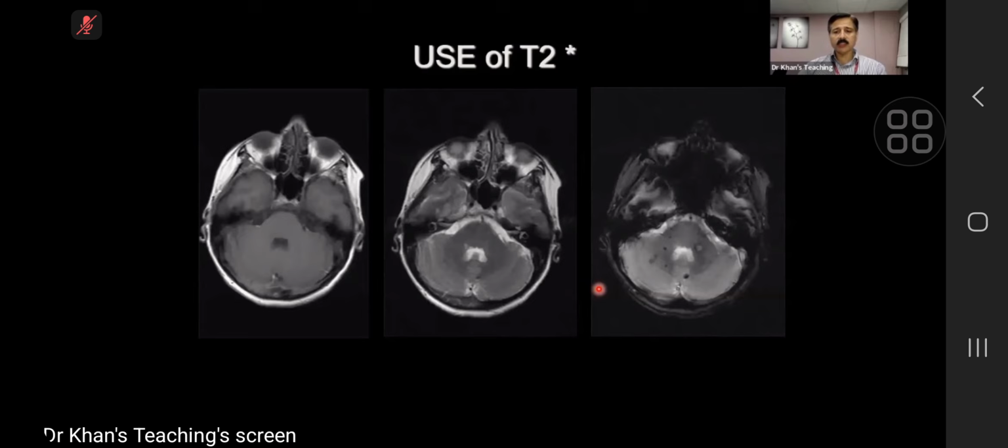T2 star is the most sensitive imaging tool to pick up hematomas. Basically, the physics is that if the magnetic properties of a substance are drastically different than the surrounding brain parenchyma, then on this sequence there is a signal loss, a signal dropout.